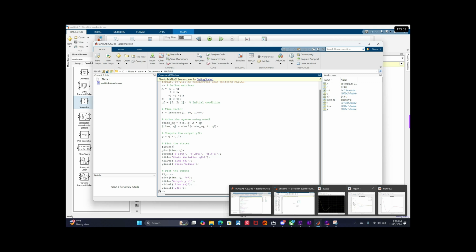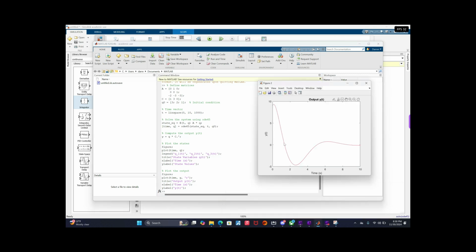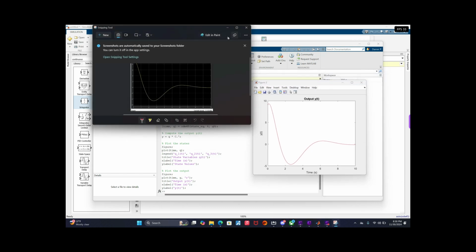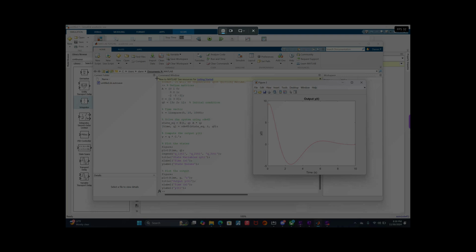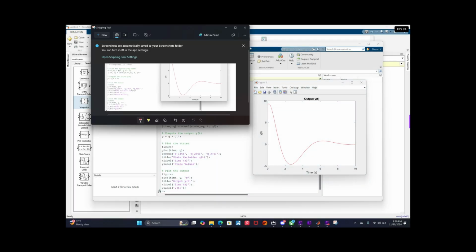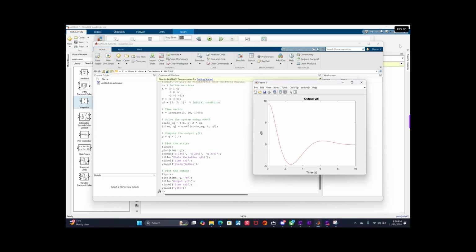And this graph also matches the other. I'm going to snap this as well. For part C, it wants you to compute this another way to prove that it's right, which this also works. And that should be it.